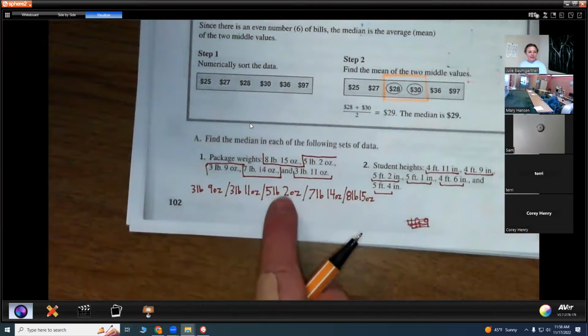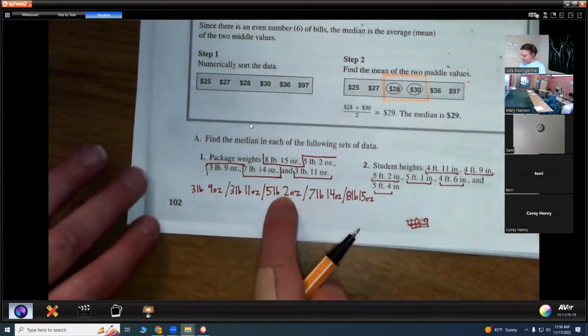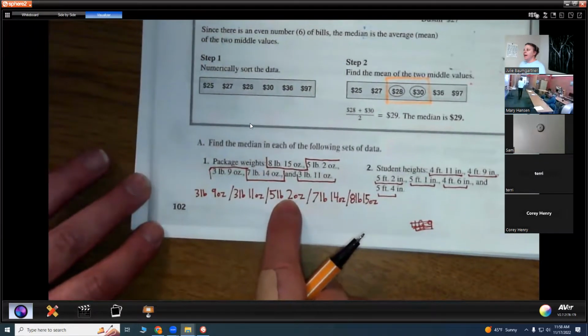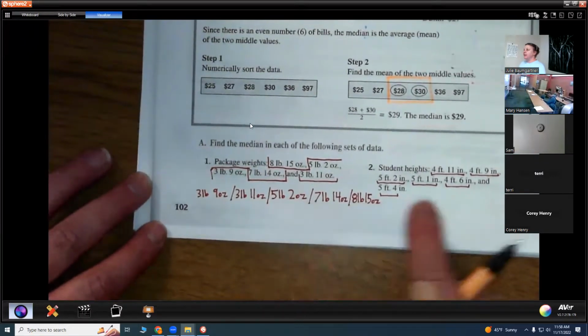So hopefully everyone at least found the middle value for 1. 2 might not have, but maybe in 2 minutes we can figure it out.